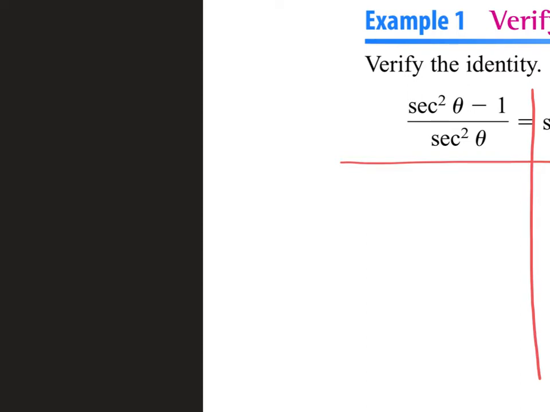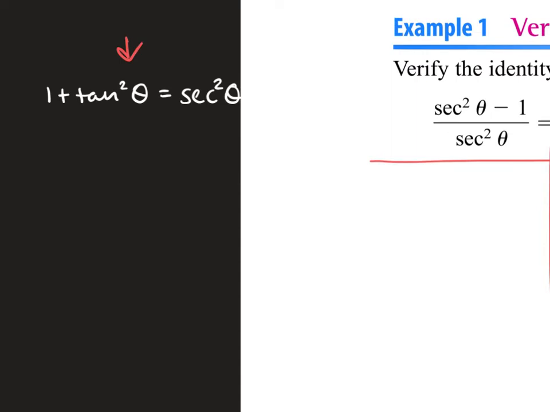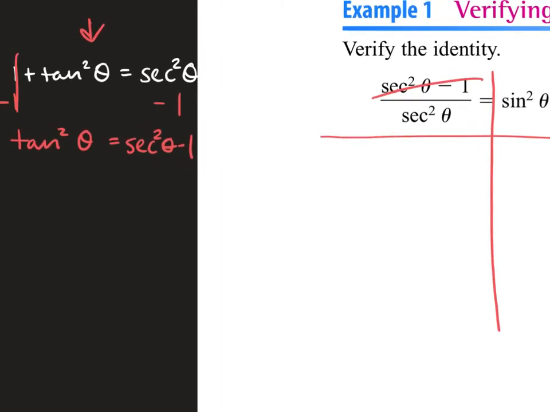Anybody remember? Got it in front of you? Subtract the 1. Awesome. So we have tan squared is equal to secant squared minus 1. So we can take this secant squared minus 1 and make it a tangent squared.